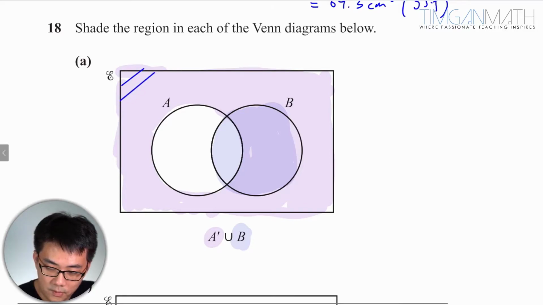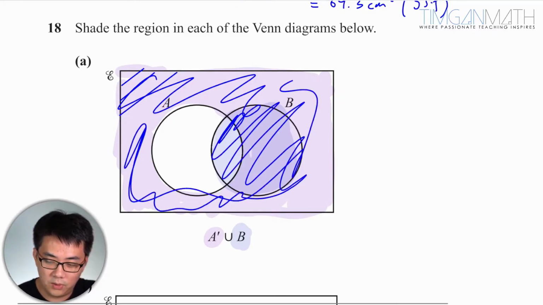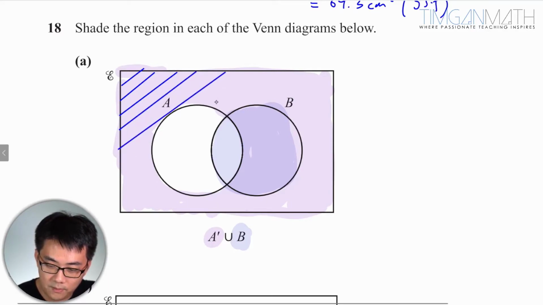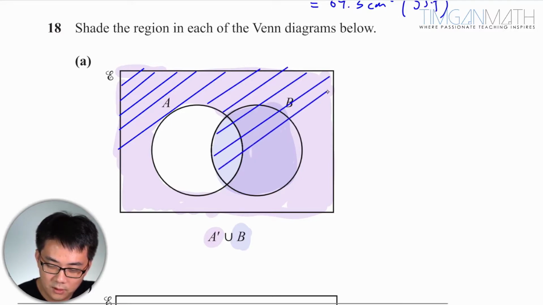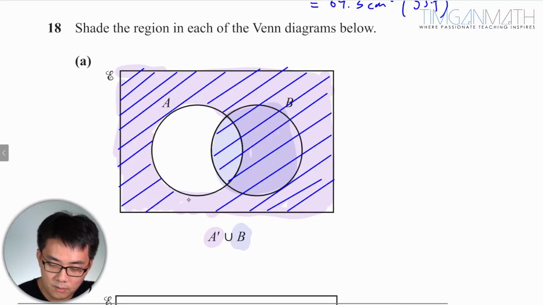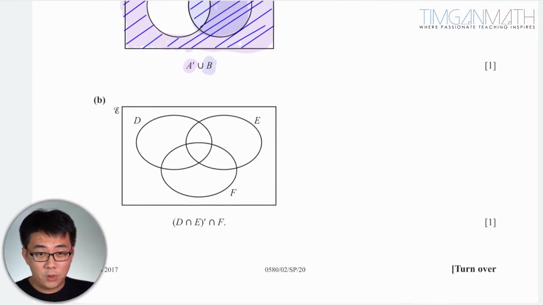Shade here. Union just means you add all these up, right? Just union it up. You're not finding the intersection between them. So just shade all these out here. So this is my answer here. Great. Let's look at the subsequent one.